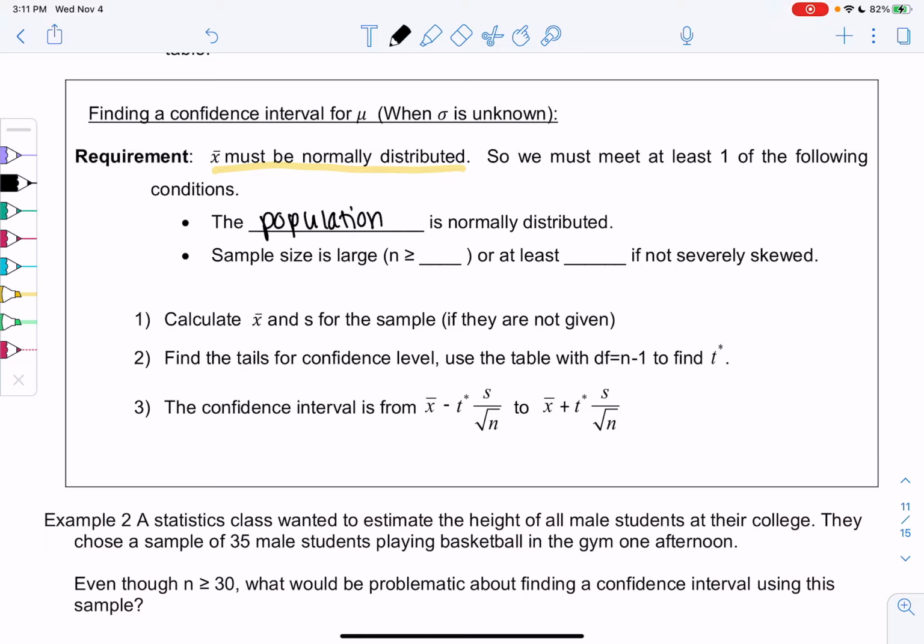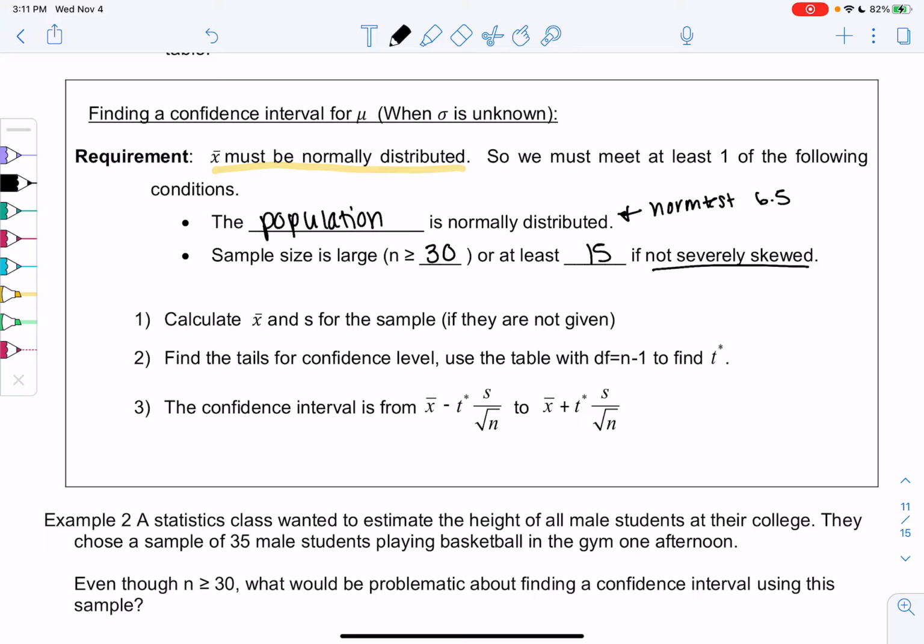Otherwise, if we don't know that, we just need a large enough sample size. A large sample would be n at least 30, or at least 15 if the data is not severely skewed. We could use a graph to check that. To check normal distribution, we could use norm test from 6.5. We'll see that a little bit later.